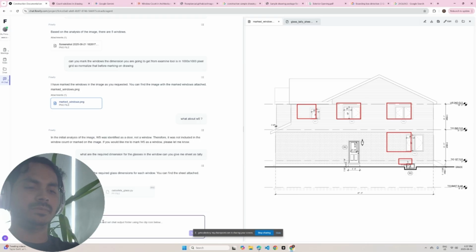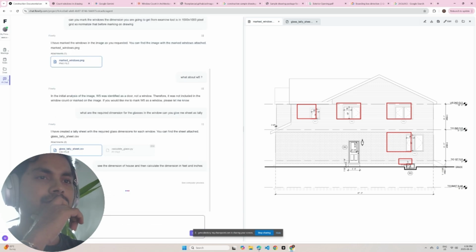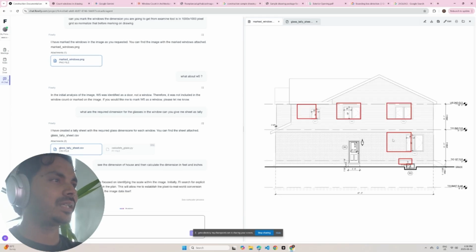So maybe see the dimensions of the house, and then calculate the width with the dimension in feet and inches. So it's marked it.